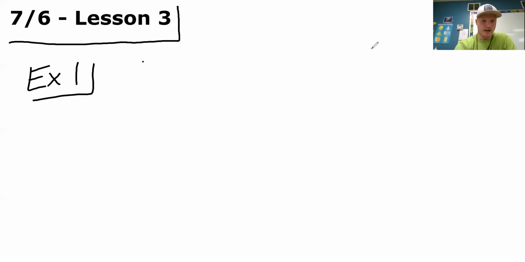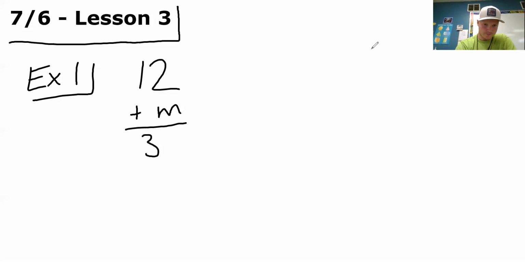Example 1, we have 12 plus M equals 31. So how do we find what M is? We do not know this value.